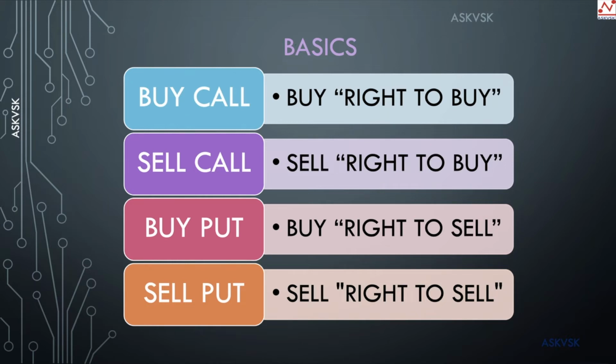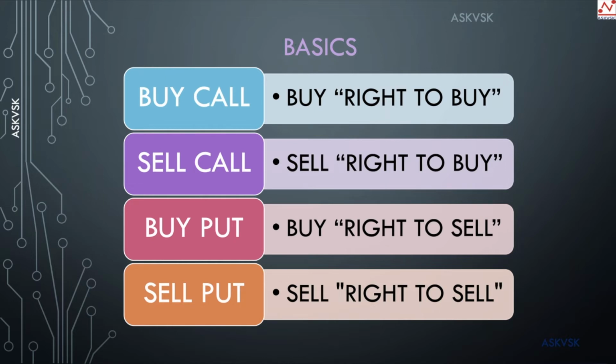It might be tricky or confusing at the beginning, but once you get a hang of it, then you are clearing the very first basic hurdle in understanding options and option trading. So buying a call option is buying the right to buy, selling the call is selling the right to buy. The common thing is call option means the right to buy something. Either you can buy those rights or you can sell those rights. That is what the first two lines talk about.